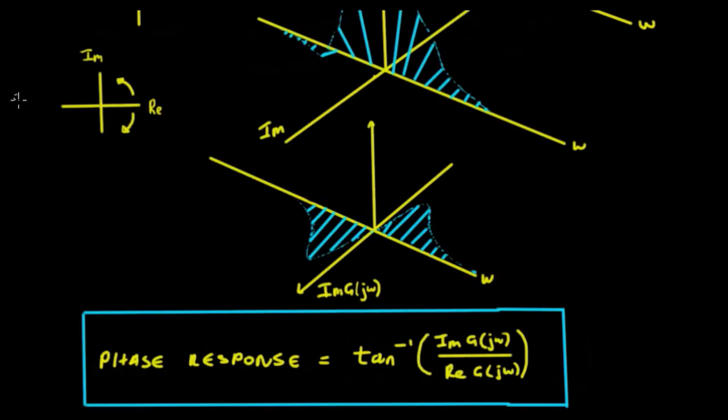And you can see that here, if we had a phasor sitting at a particular angle here, well, the angle in here is going to be the inverse tan of the imaginary divided by the real. So it's inverse tan imaginary divided by real.